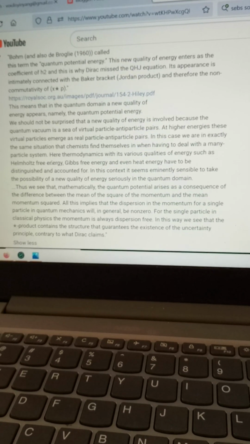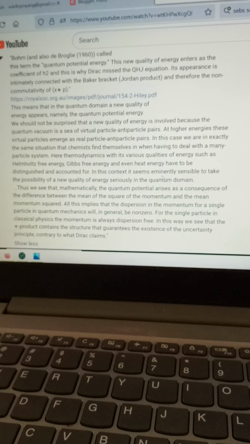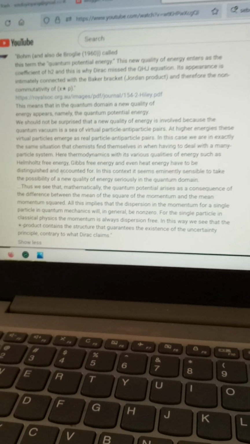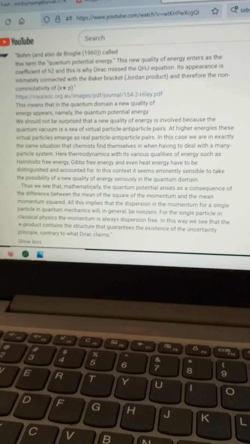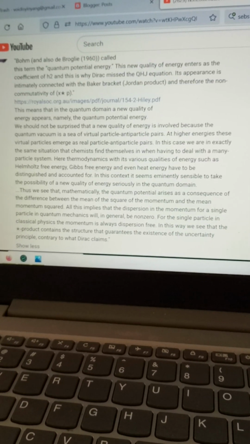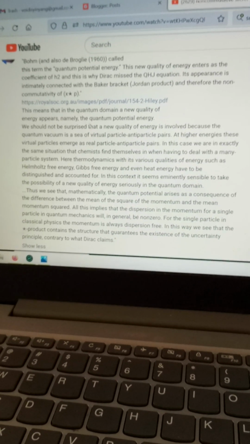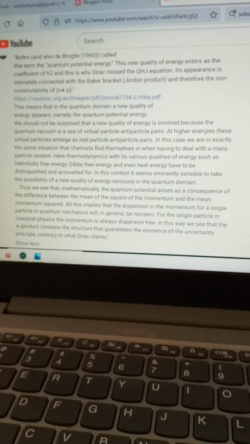And then that gets us into the negative entropy. And it seems eminently sensible to take the possibility of a new quality of energy seriously in the quantum domain. Okay, so there's literally a new quality of energy that has been discovered, and this is not even recognized in mainstream physics.